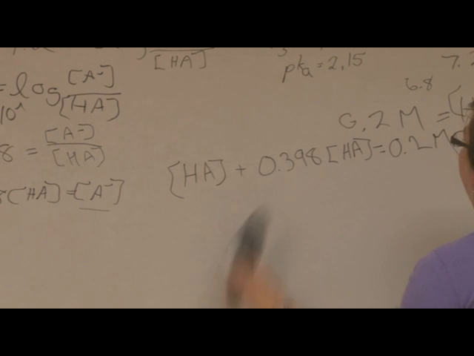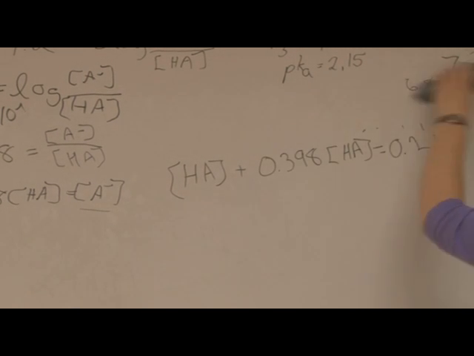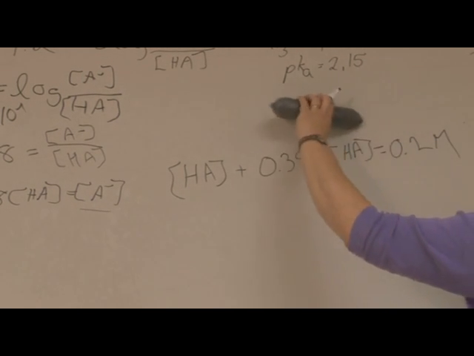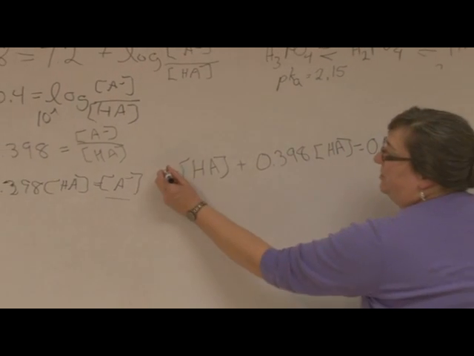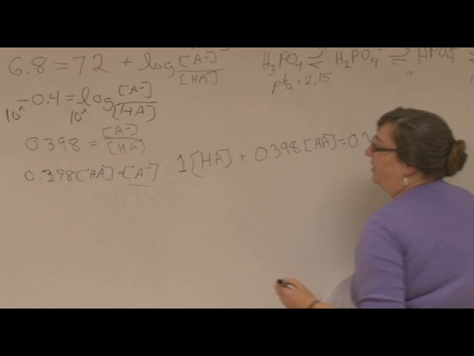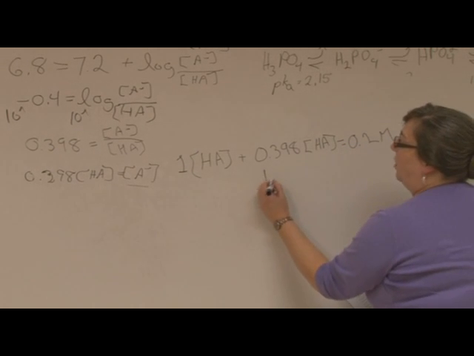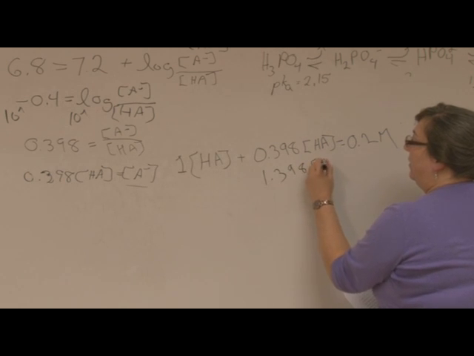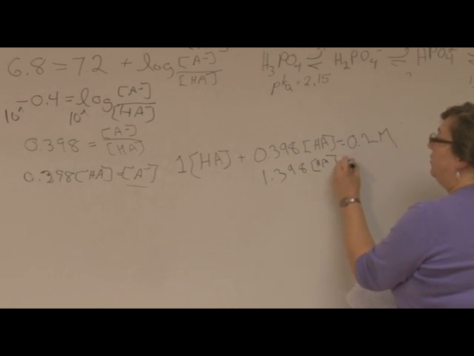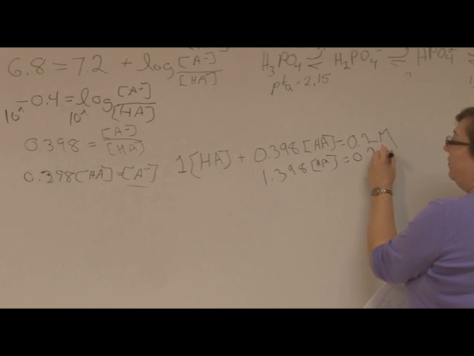Things are getting a little crowded and crazy, so I'm going to get rid of this so it's cleaner. All right? So that's the equation we're going to solve. Remember our tacit one. Don't ever forget him. So what I've got is 1.398 HA is equal to 0.2 molar.